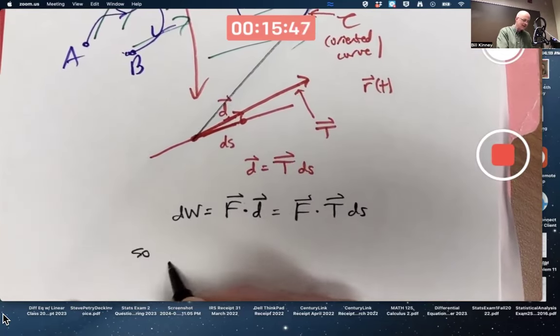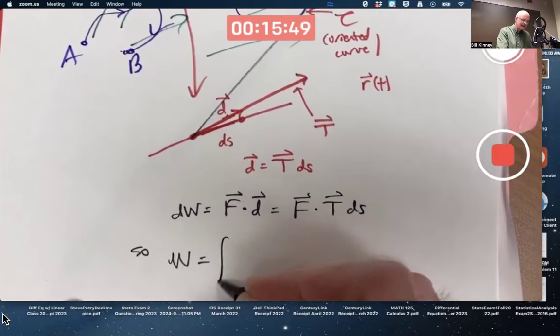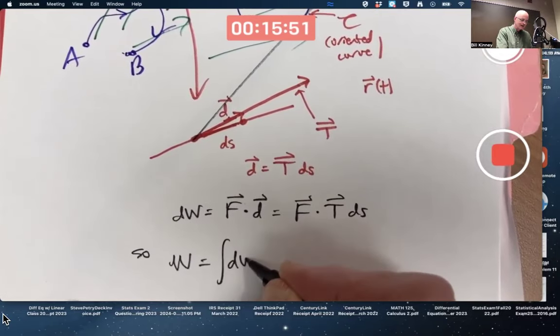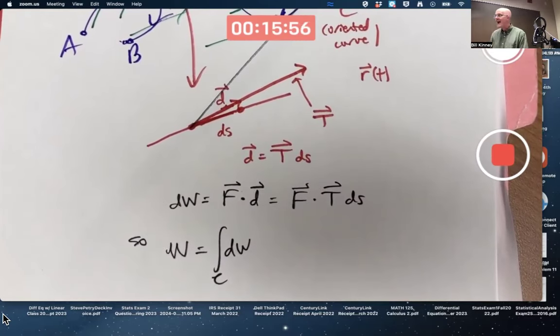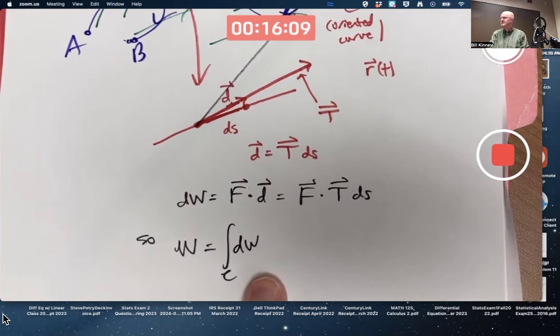So the total work done then is an integral over the curve of these dW values. Why? It's hand-wavy math. No rigorous math going on here. In a sense, it's kind of like a definition, but intuitively we're imagining the total work is the sum of the little works.